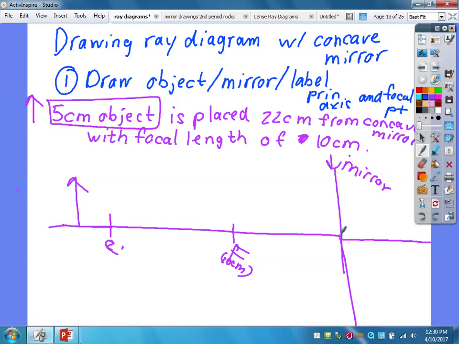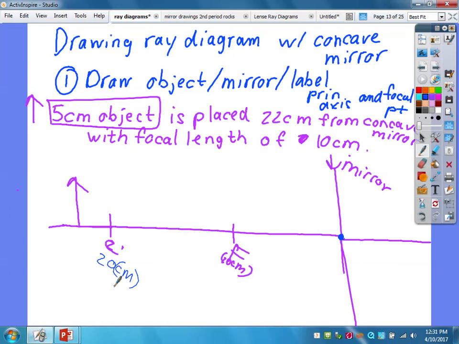The distance from the mirror to the focal point, the principal axis has to be double that. So if this is at 10 centimeters, the principal axis must be at 20 centimeters. You just have to do it to scale, so it doesn't have to be exactly related.